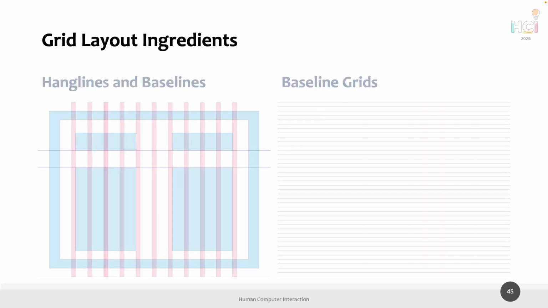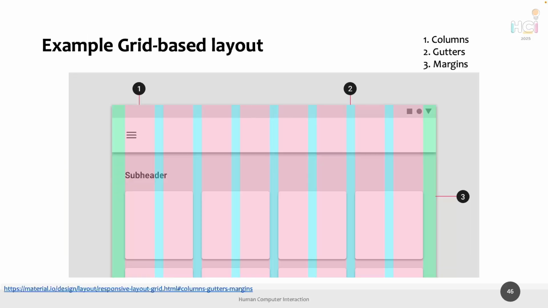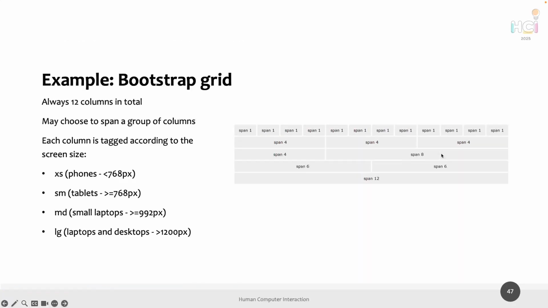And of course, you can use different frameworks to manage this kind of layouts. This is, for example, an example from Material Design by Google. Here you have the columns in red, the gutters in blue, and the margin in green. And here is Bootstrap. You know how this grid layout works.